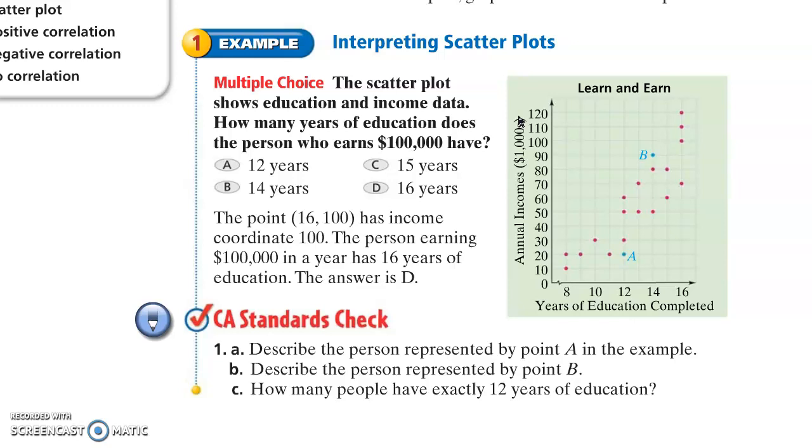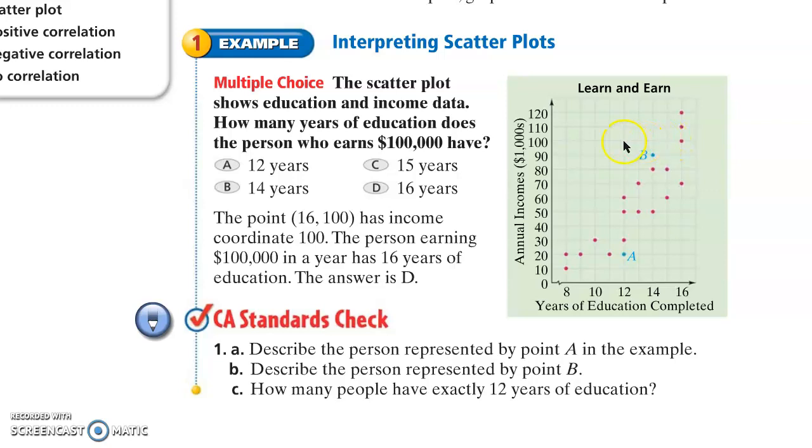Okay? So what we're going to do is look for the crossing point between these two axes, and we want to figure out how many years of education the person who earns $100,000 has. So we're going to try to find $100,000 on the income axis. Here it is. And we're going to go over to the right until we get to a dot here.